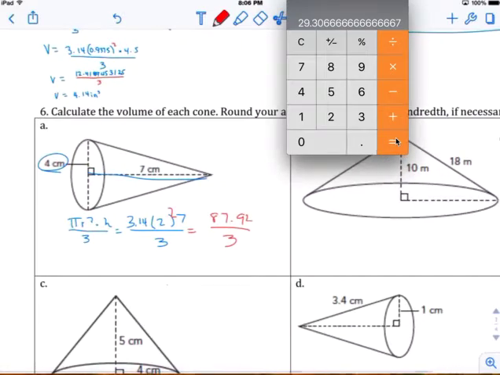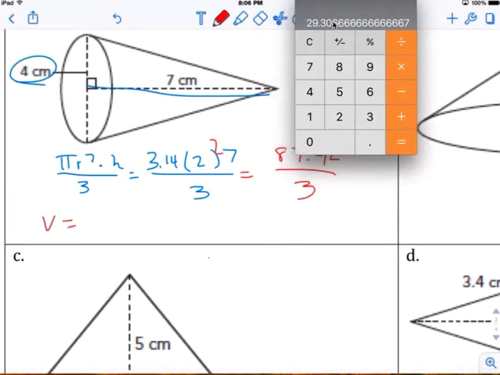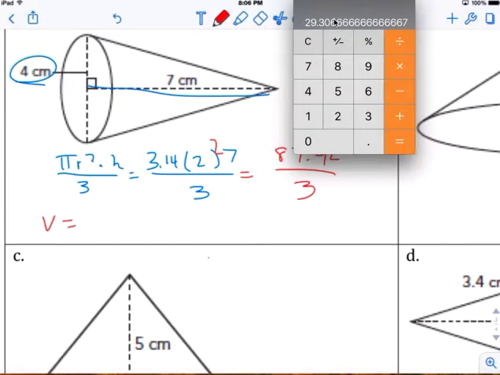Round your answer to the nearest hundredth. Okay, so your answer volume is 29.31 centimeters cubed.